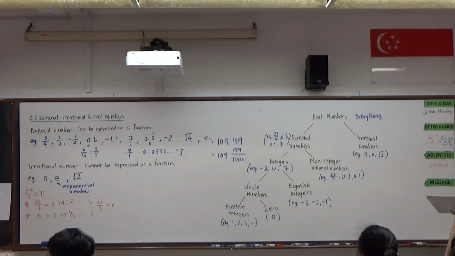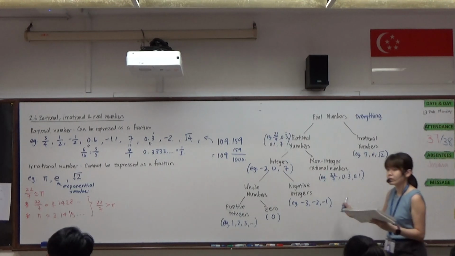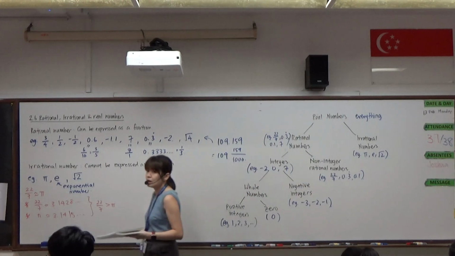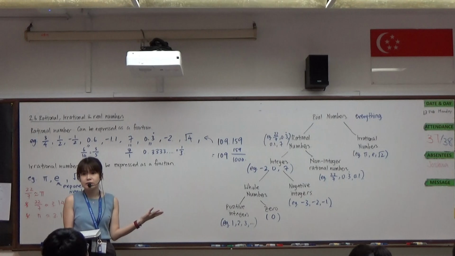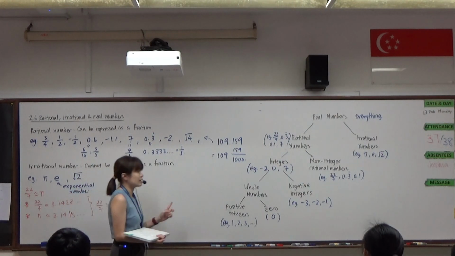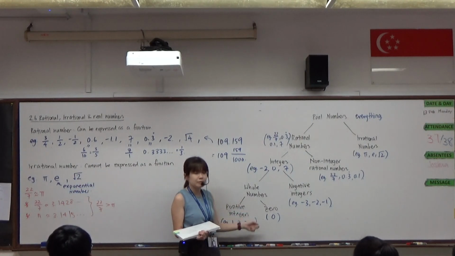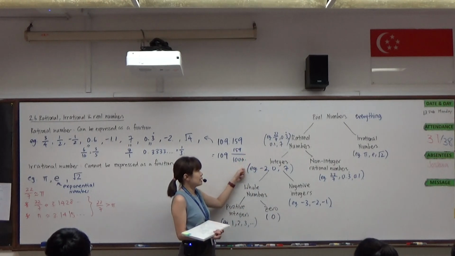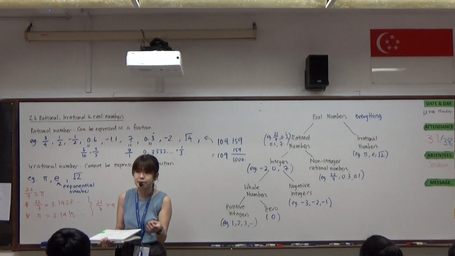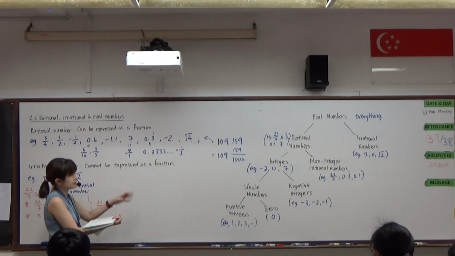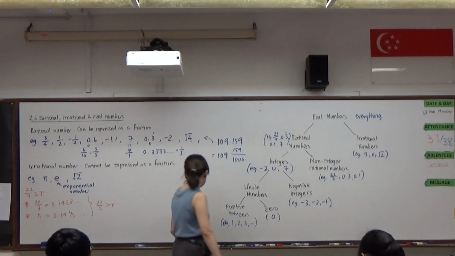Questions? Alright, now do you need to go and memorize this map? You don't really need to memorize this. For integers, rational, irrational, you need to be able to recognize them. That's why I'm listing some examples for us to get an idea.